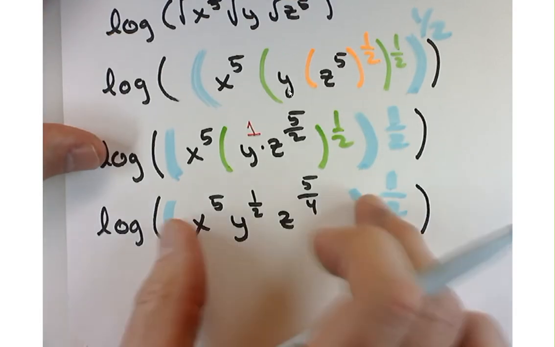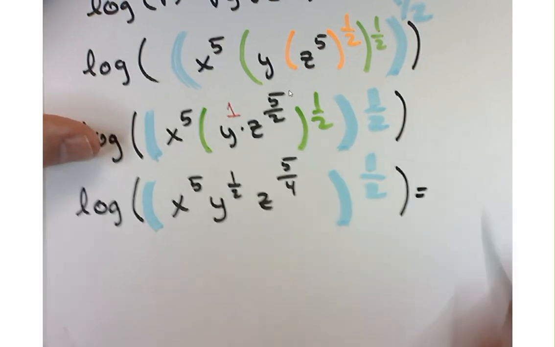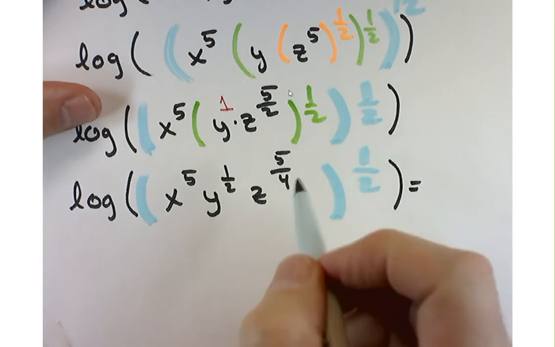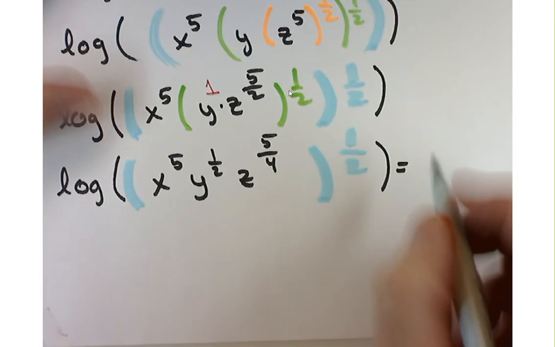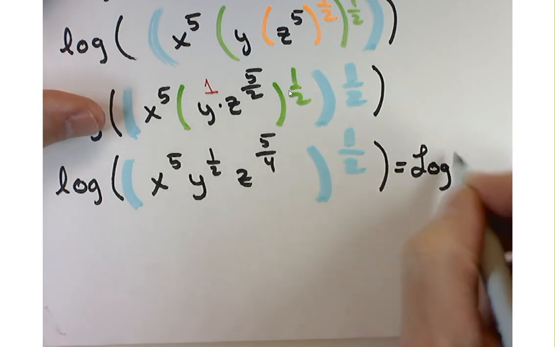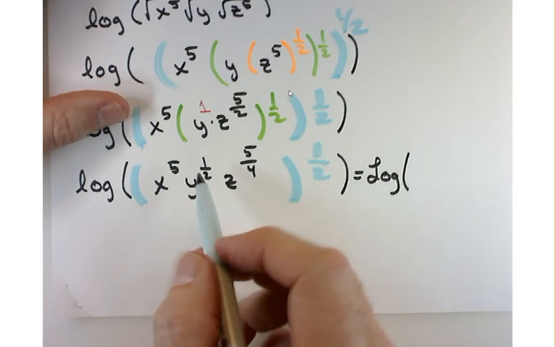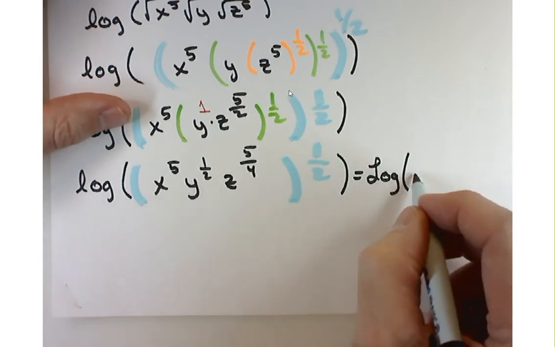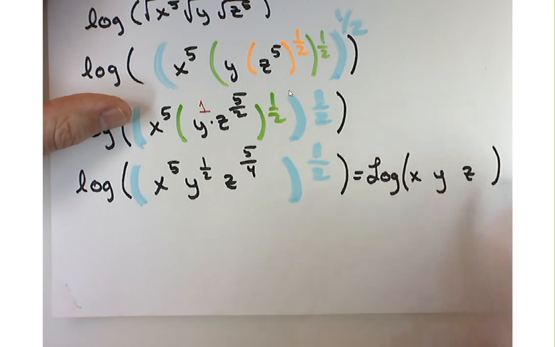We've got to do that one last time. This 1/2 is going to multiply each of these exponents in here. See if you can race me. What's it going to be? X to what power? Y to 1 power? Z to 1 power?